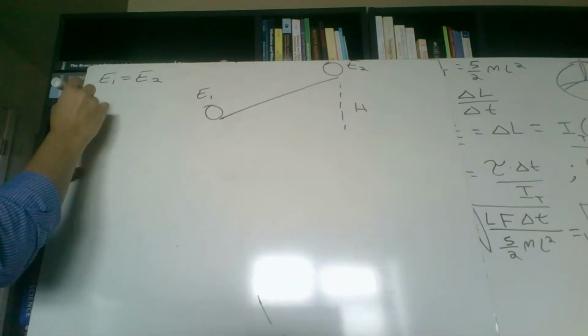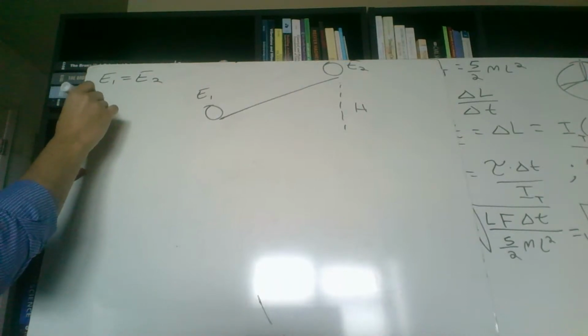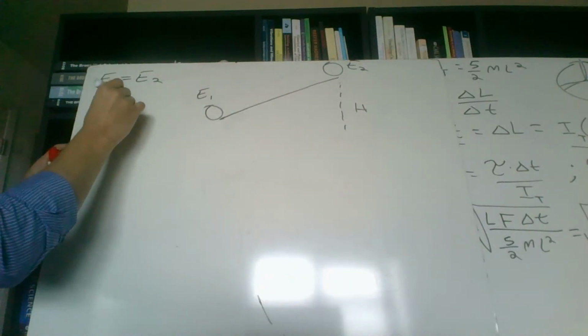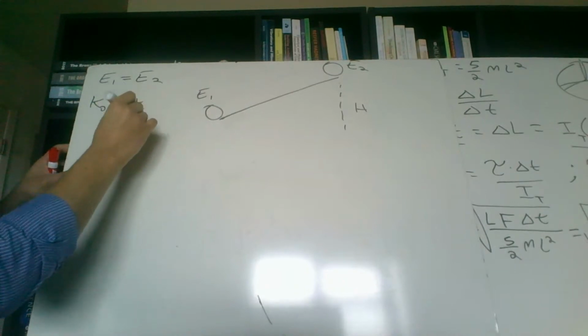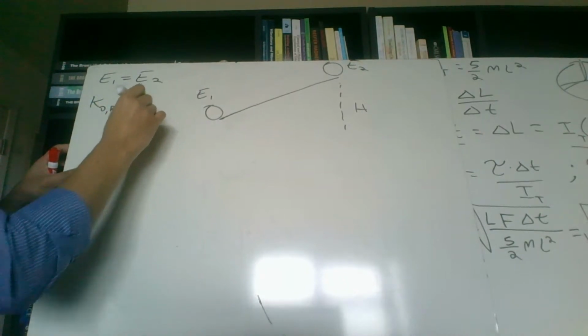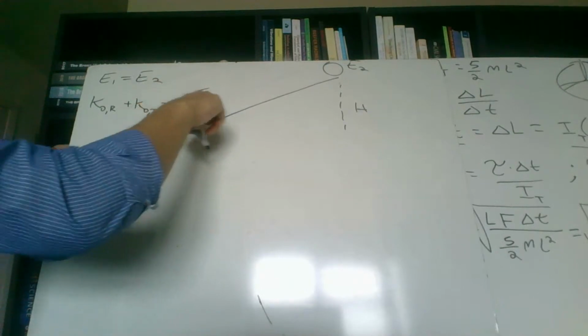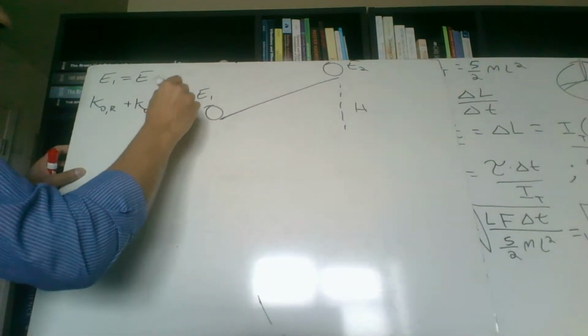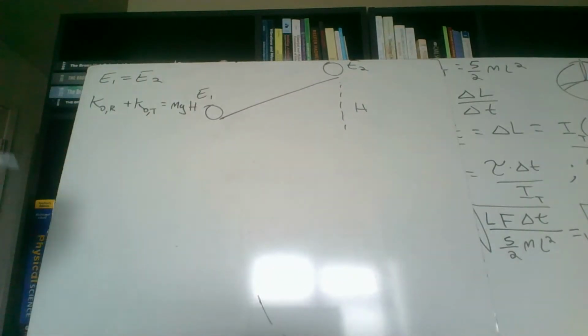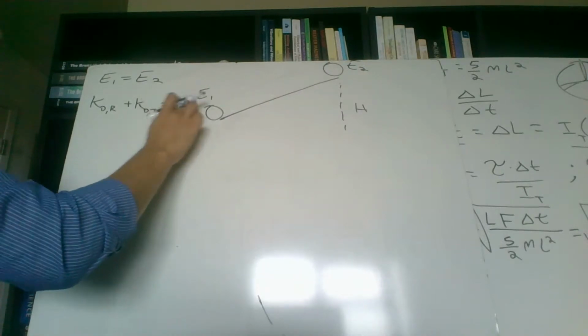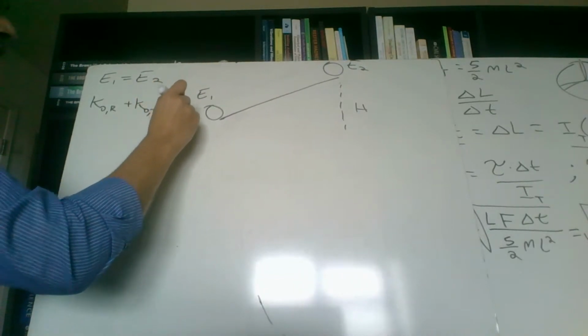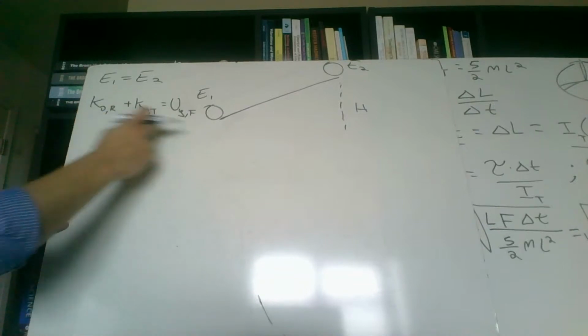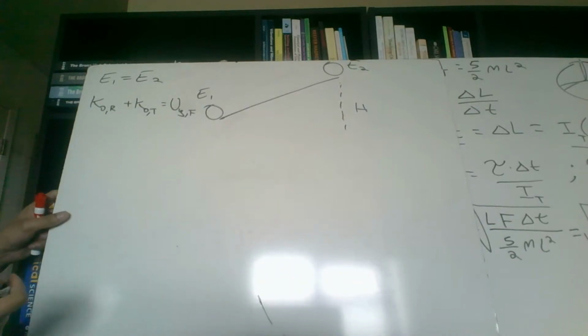So you're going to have kinetic energy initial rotational plus kinetic energy initial translational, and all of that is going to equal the energy at the top, which is mg times h. I should write UG final first.